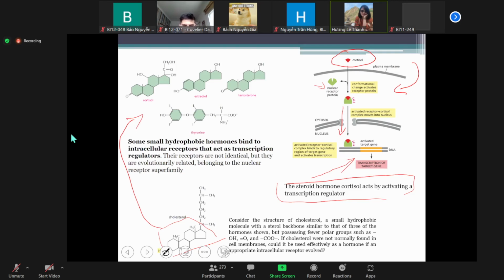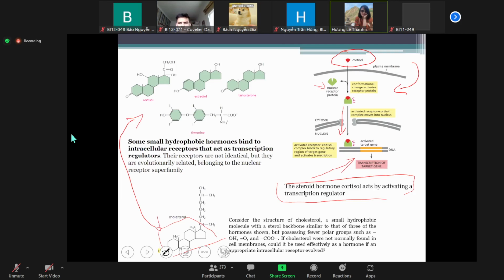If they do not work as components of cell membranes, could it be a hormone? They're in the same group. Now it's cortisone, we have estradiol, we have testosterone. They have the same structure as cholesterol.